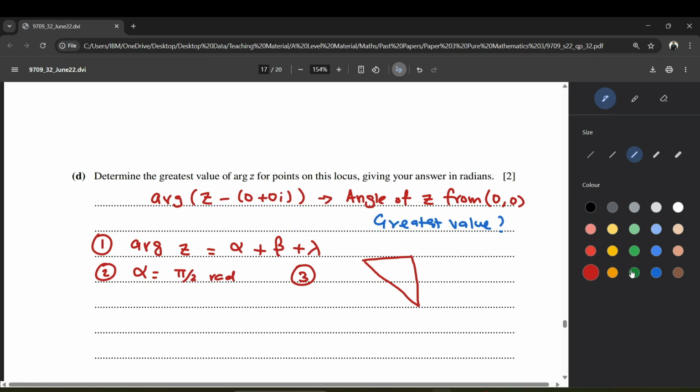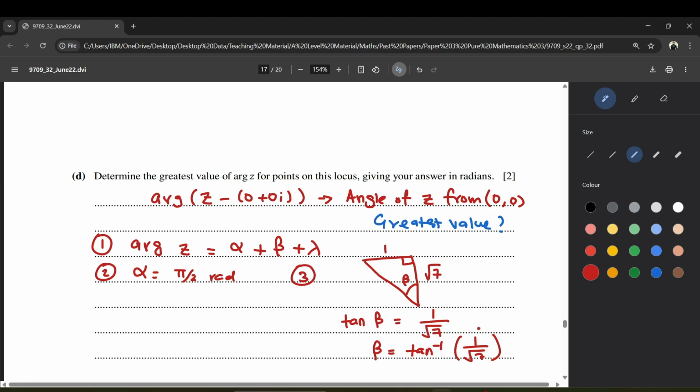So this is 1 and this is root 7, that is 90 degrees, and this is the required angle beta. So here we can say that tan beta is equal to opposite over adjacent, so that will be 1 upon root 7. So therefore beta is equal to tan inverse 1 upon root 7.